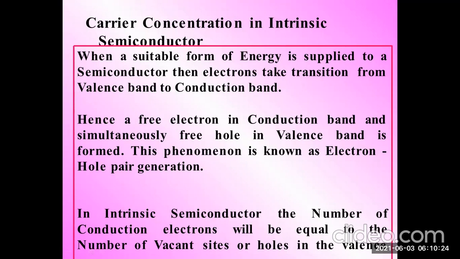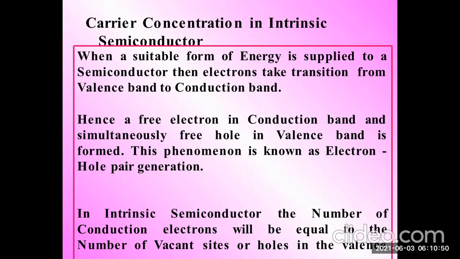Depending upon the crystalline structure and the bond formation, semiconductors are classified into two categories: intrinsic semiconductor and extrinsic semiconductor. Intrinsic semiconductors are pure semiconductors.